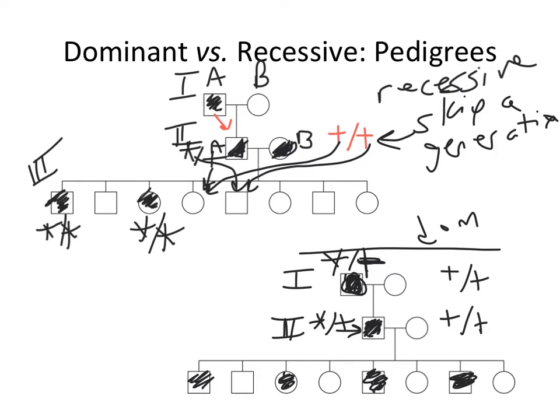We don't know which of these kids will have it, which won't, but on average, if you look at a big family, half the kids should have the dominant disorder, half don't. So this is why dominant diseases tend, this is not an absolute rule, this is a pattern, tend not to skip generations. You tend to see individuals in every generation have the disease.